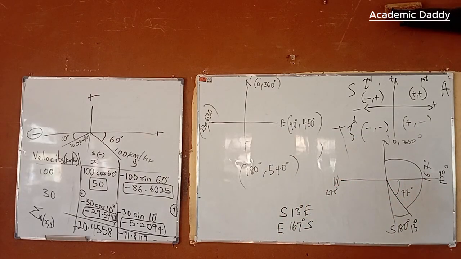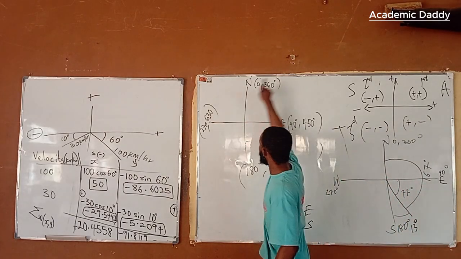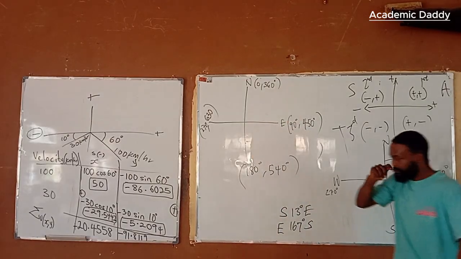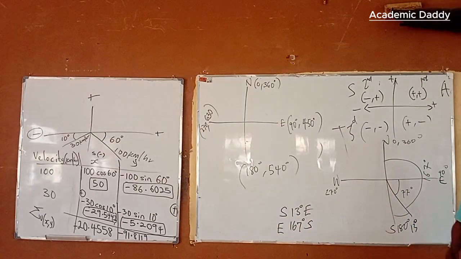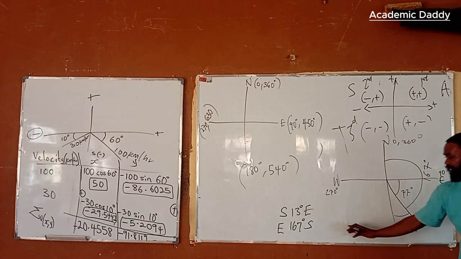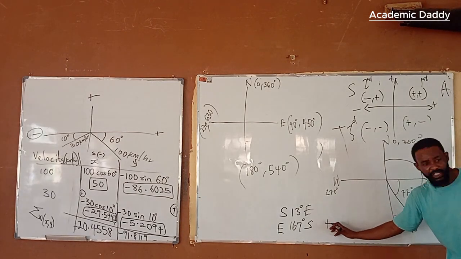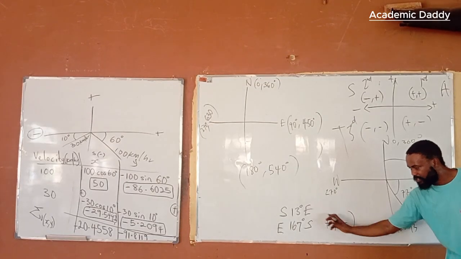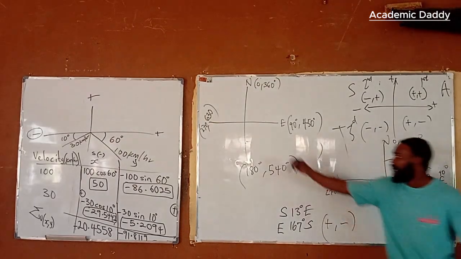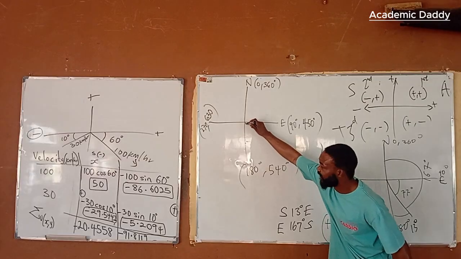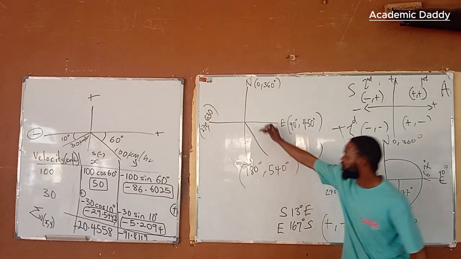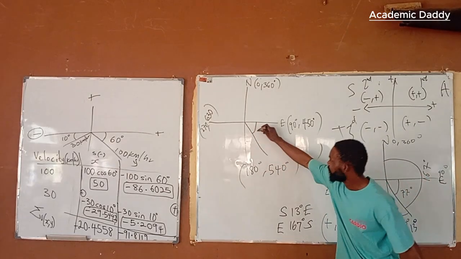Now notice, I can still do 630 plus 90 and get something else for this. Now see what I'm saying. If I know that it is on the fourth quadrant, I have X to be positive and Y to be negative. If I know that, it means that anything I get for that 77 degrees is actually here.